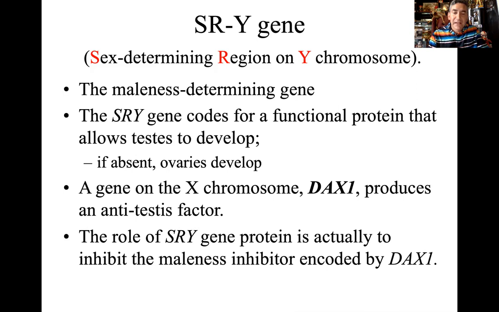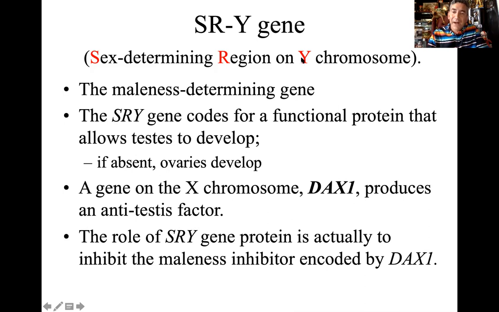So if the Y chromosome asked for permission, excuse me, X, can I make testes? What is the X going to say? No, no, no, no. This DAX1 instruction on the X chromosome says there will be no testes here, right?